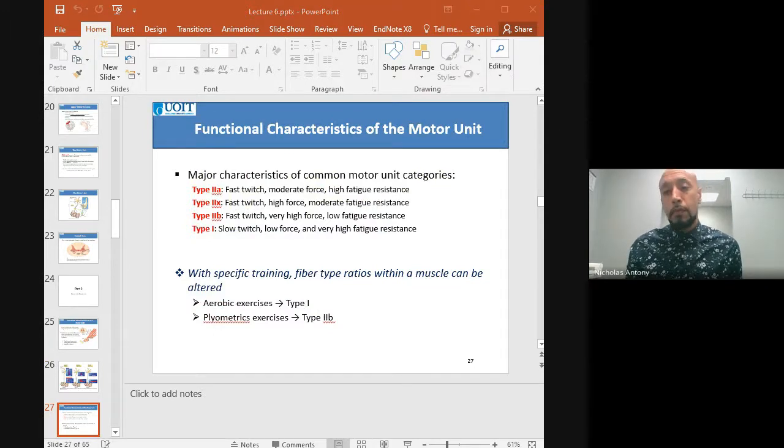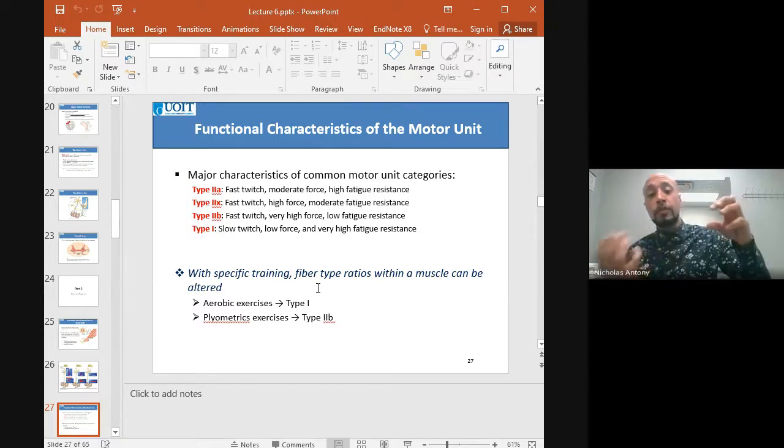So based on the muscles, you can classify them by their motor unit characteristics. What was that again? Speed, tension, endurance. And with training, you can alter the amount of fast or slow twitch fibers in the muscle by having some motor units change their characteristics.